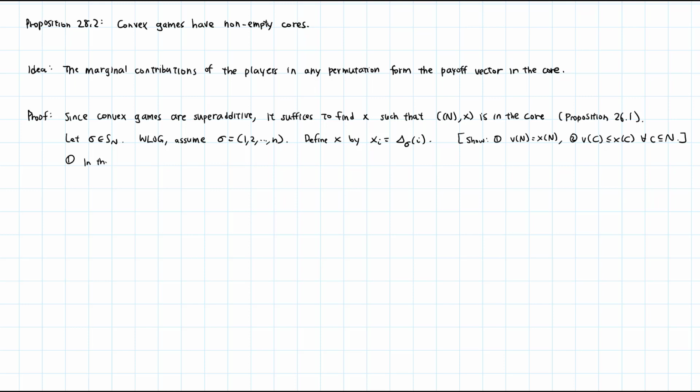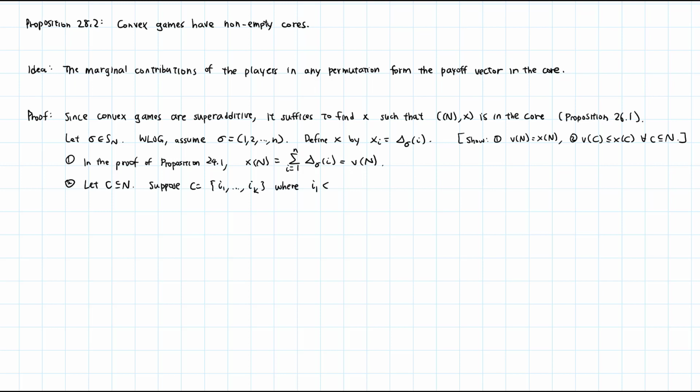The first part was proved when we tried to prove that Shapley values are efficient. x of N is the sum of the marginal contributions of all the players in sigma. And we proved that the sum of the marginal contributions is just v of N. For the second part, we let C be a subset of N. We suppose that C is equal to {i_1, ..., i_k}, where these numbers are in ascending order, i_1 less than i_2, etc. Now, we are going to look at the contribution of i_j to two different coalitions.